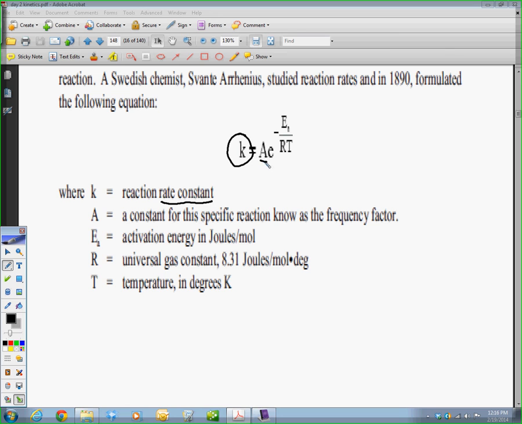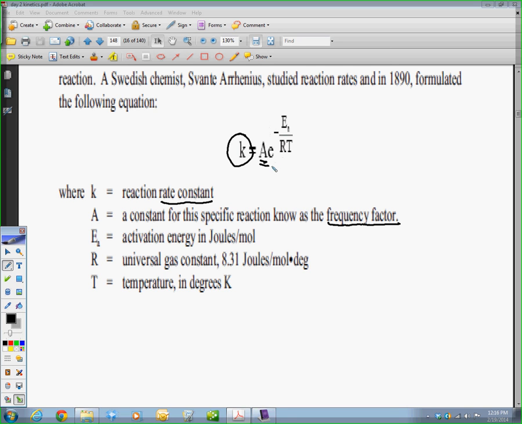And it's equal to what we call a frequency factor. This would be the number of collisions that molecules would have to have in order for them to be able to break their bonds at, let's say, a minimum temperature of, I believe, 0 Kelvin, in theory.